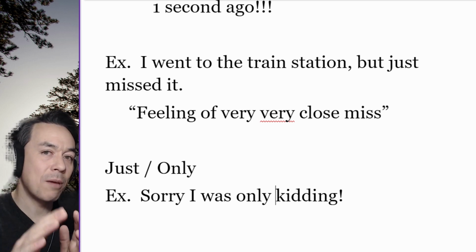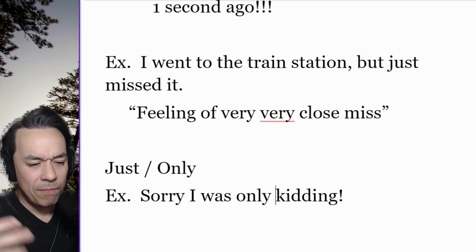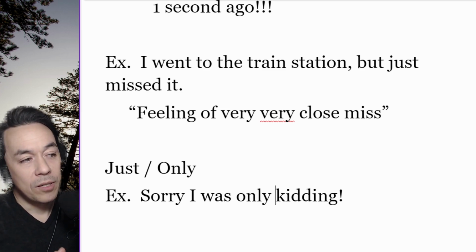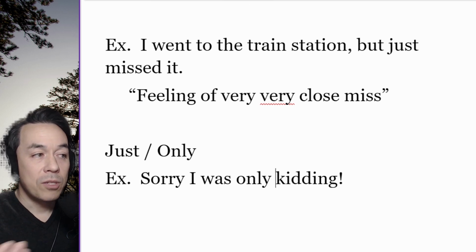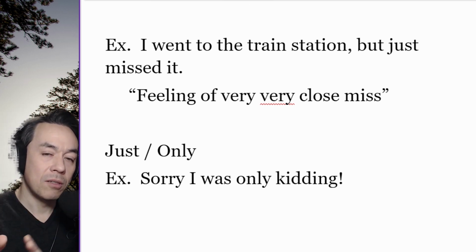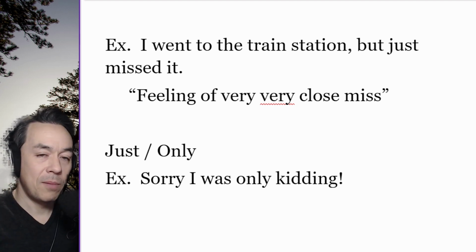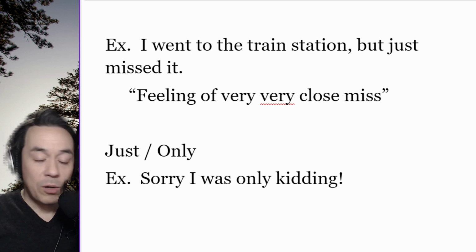So this has the same effect. Light, small, nothing, almost nothing. Okay, so but just for the sake of using just and only, I think usually only is for countable. Something is few, and just has many more ways to use it.